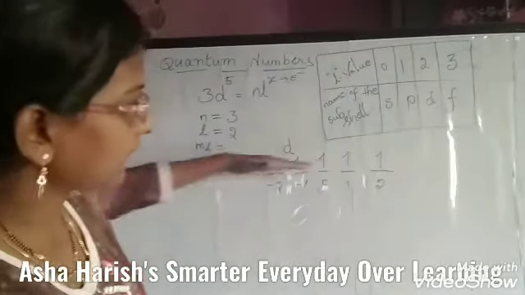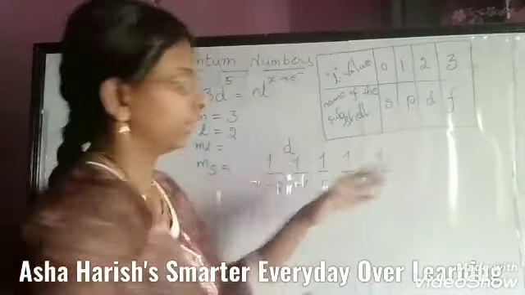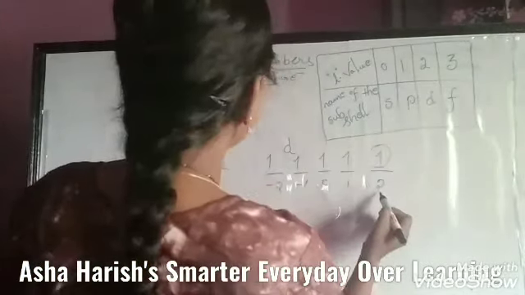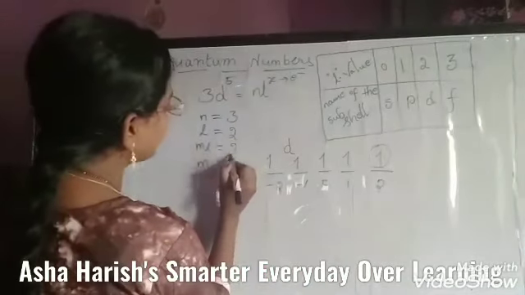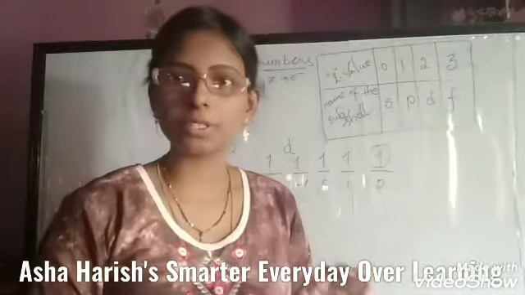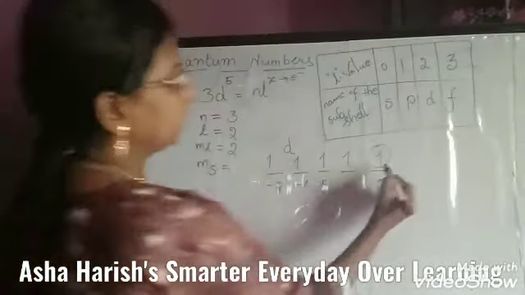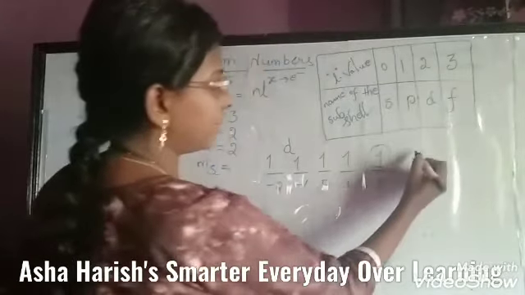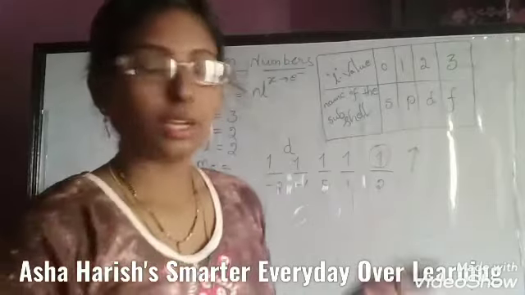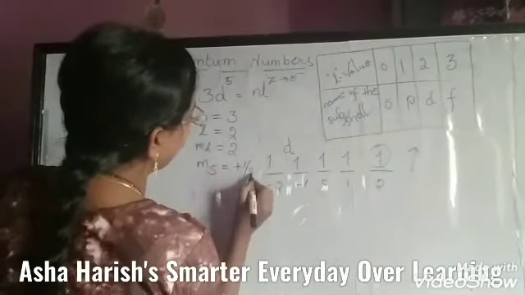All these electrons have the upward direction spin. The last electron reaches here, that is number 2, that is the value of ml, the magnetic quantum number. And students, this electron has the spin upward direction, so clockwise direction, so the ms value is plus half.